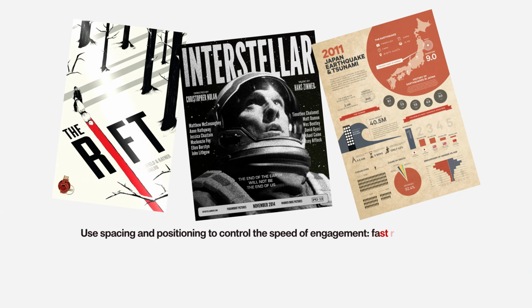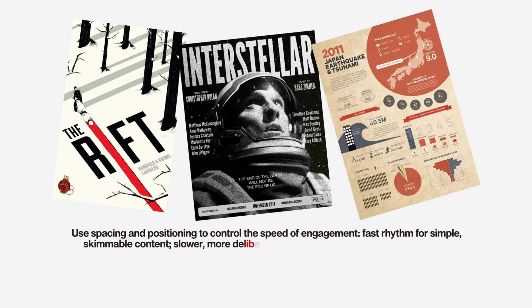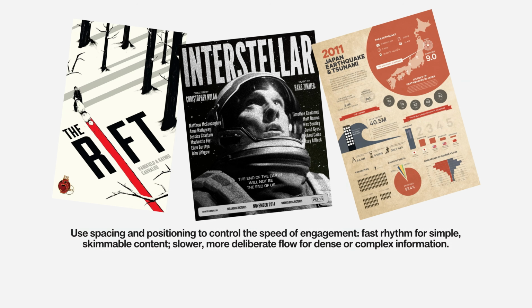Fast rhythm for skimmable, simple content, and slower rhythm for more deliberate flow to dense, complex layouts, often with lots of information. The goal is to make the journey feel natural, each step leading logically to the next. When rhythm is intentional, your design becomes more than just visuals. It actually becomes visual language with intention and an experience at the end.